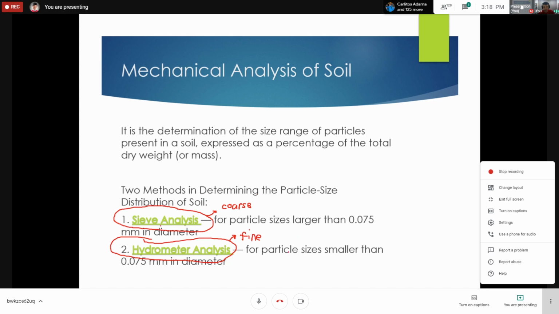Now these two particular experiments will produce one output, and you can determine the particle size of each criteria with these two experiments. They are separate experiments. So for coarse, sieve; for fine, hydrometer.